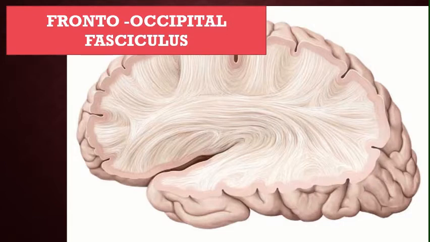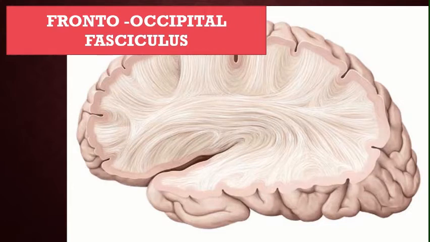It is compact and lies medial to the corona radiata. Remember that the fronto-occipital fasciculus is present medial to the corona radiata, whereas the superior longitudinal fasciculus is present lateral to the corona radiata. This is the difference between them.